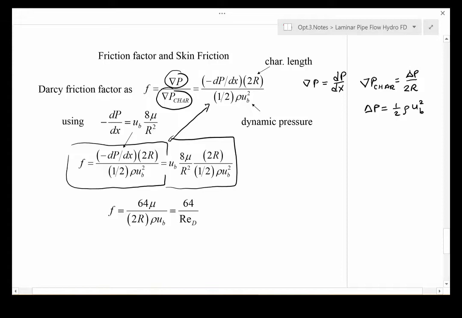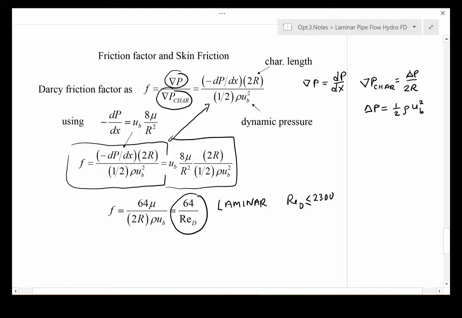But what's interesting is that for a laminar problem, where the Reynolds number is less than about 2300, this can be rearranged as 64 over the Reynolds number.